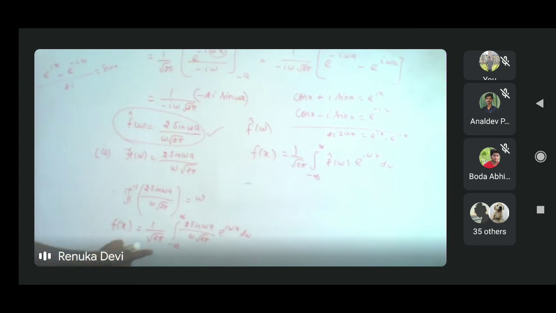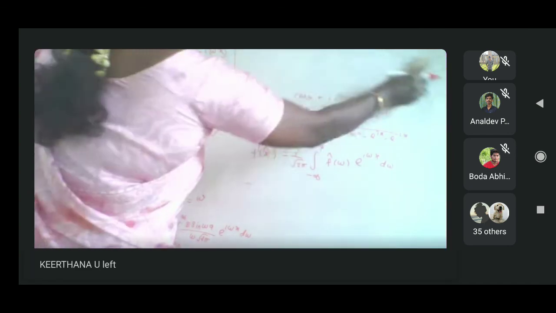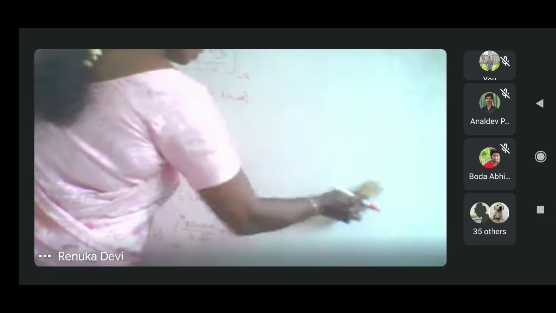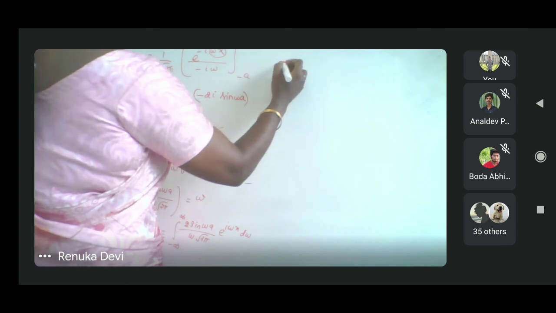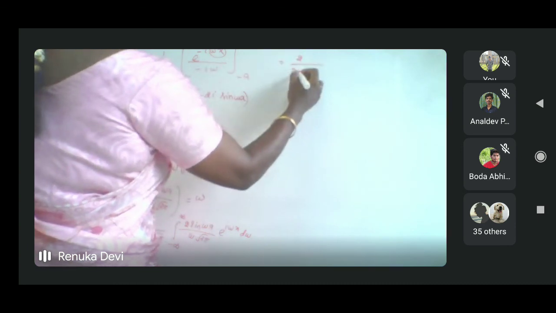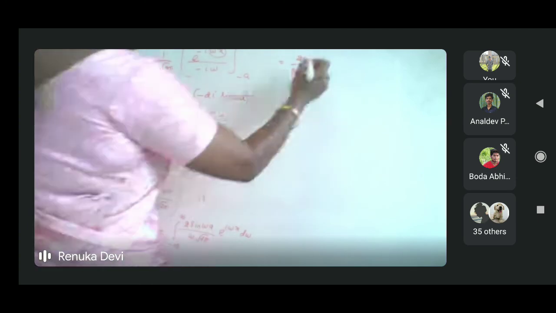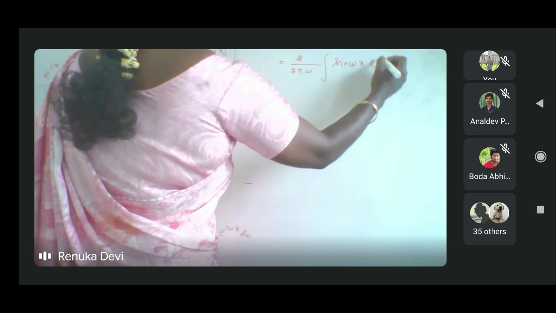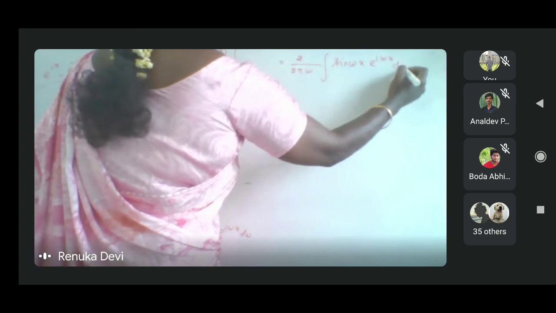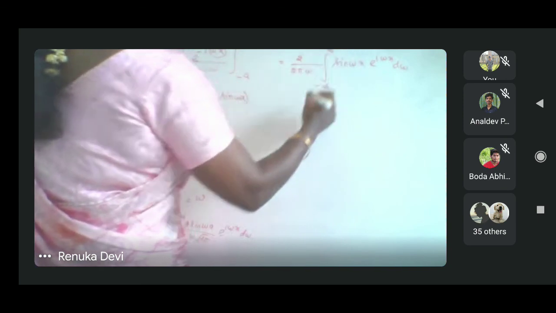So this root 2 pi will cancel, and this will become 2 by 2 pi, integral of sine WA by W into e power iWx dW, from minus infinity to infinity.